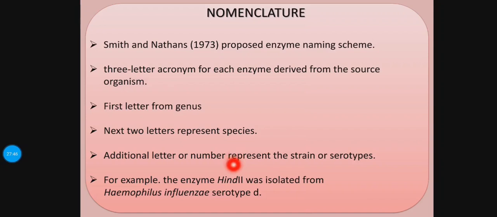IN means influenzae, it's the species of Haemophilus bacteria, D represents the serotype, and 2 is the isolation order. That's why the name is HinD2. So in such a way Smith and Nathans proposed the enzyme naming scheme.